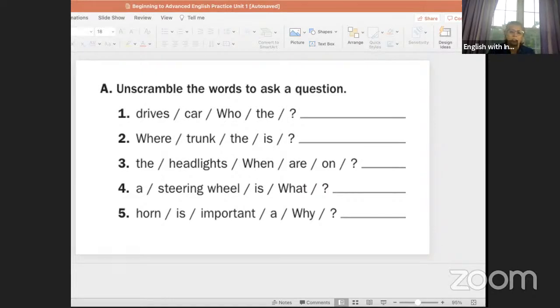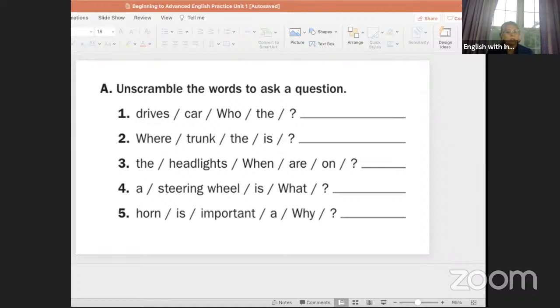And after this practice, I will invite you in the class so we can come up with many questions and other practice activities. So stay tuned and try to write the unscrambled first question. Drive, car, who, the. Who drives the car? Yes. Good. Excellent. Who drives the car?